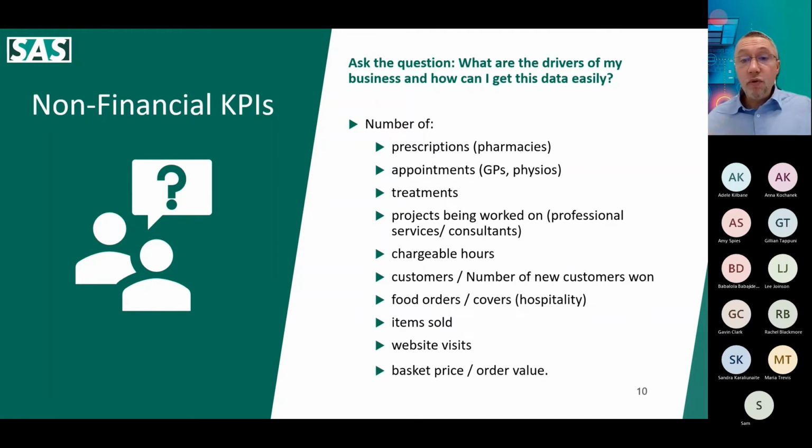If you're in food and hospitality, it could be the number of food orders you're processing, or the number of covers you've got in a restaurant. For businesses that operate on the web, it could be the number of website visits, or the average basket price or average order value. So I think you get the picture here.